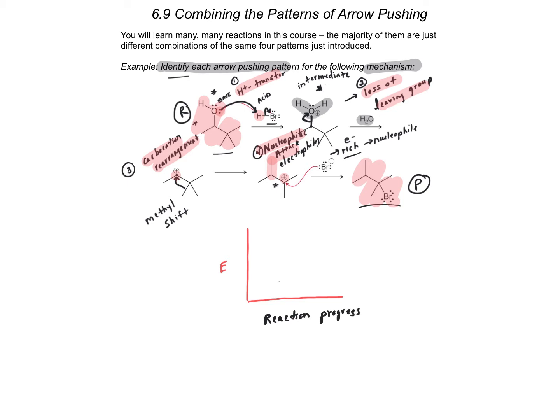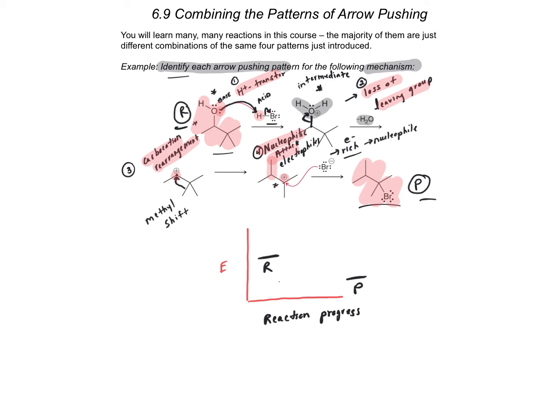And again, we have our reactant going to product. Let's say this is a nice exothermic reaction. So we have our reactant, and our product over here at a lower energy state than the reactants.